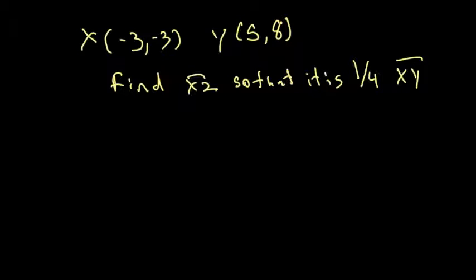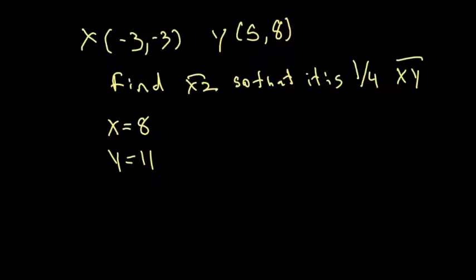Alright, so here we're not given a graph, we're just going to do it with the numbers. So we have X at (-3, 5) and Y at (5, 8). And we want to find XZ so that it is 1/4 XY. So again, start with your distances. 5 minus negative 3 is going to give us 8. 8 minus 5 is going to give us 3.